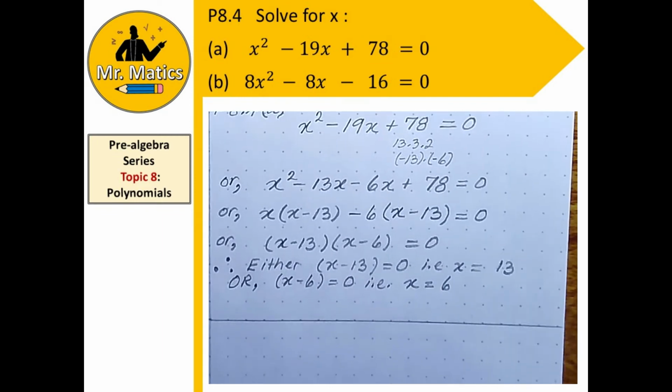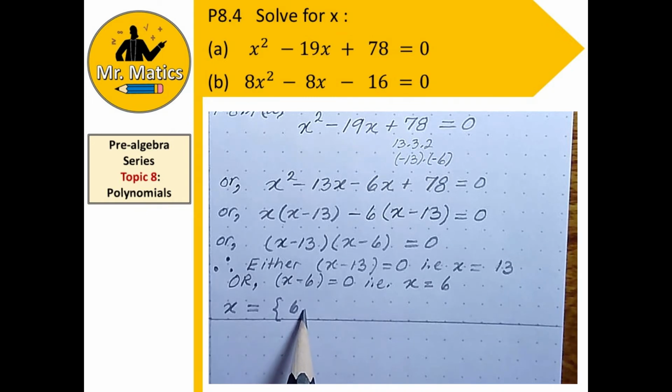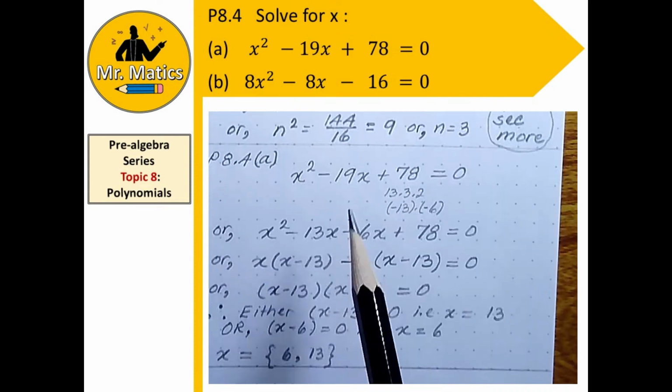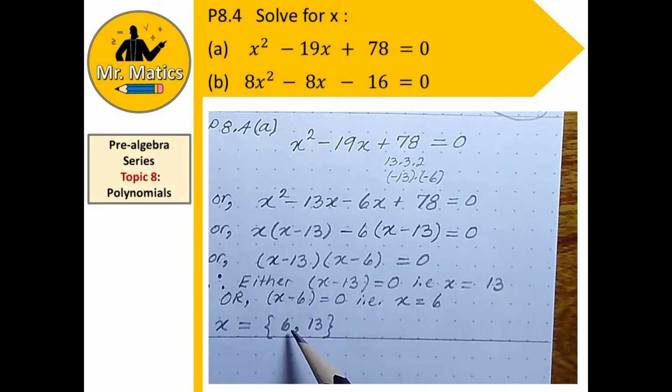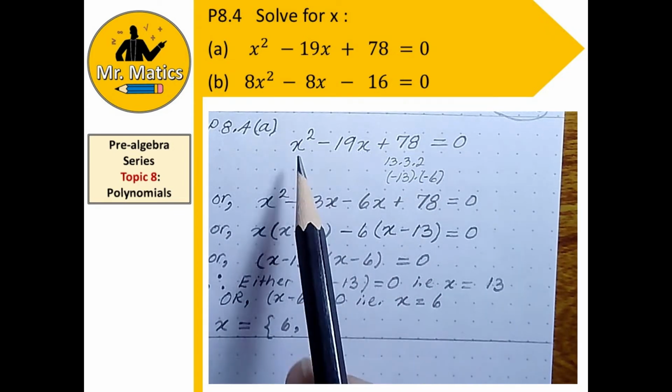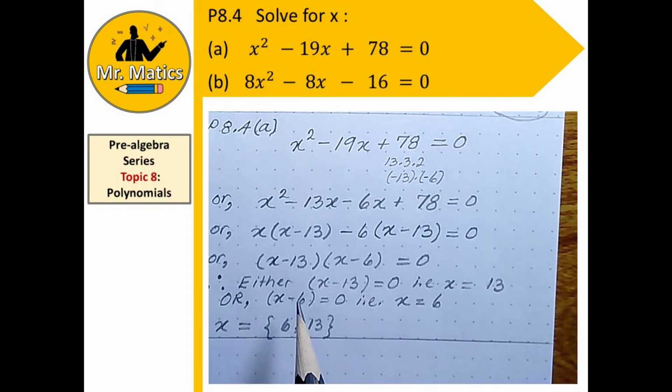So the solution is x is 6, 13. These are the two possible numbers that will make this original expression 0. And you can put these numbers back in to check if you have done your math correctly. So I would leave that to you, but do check it.